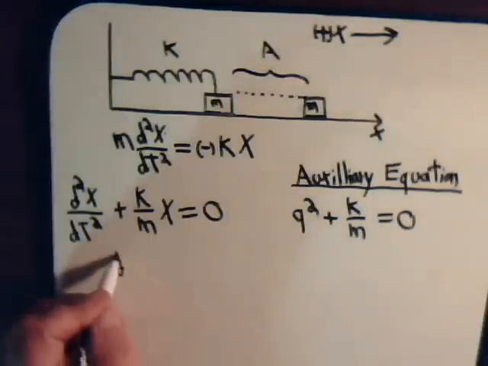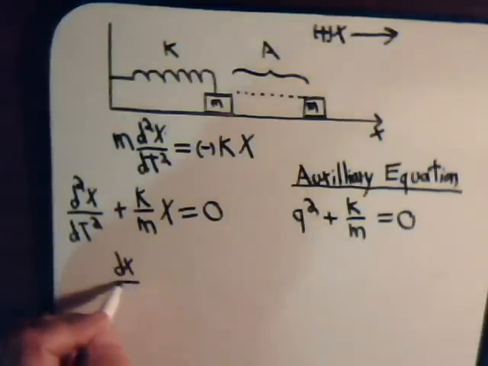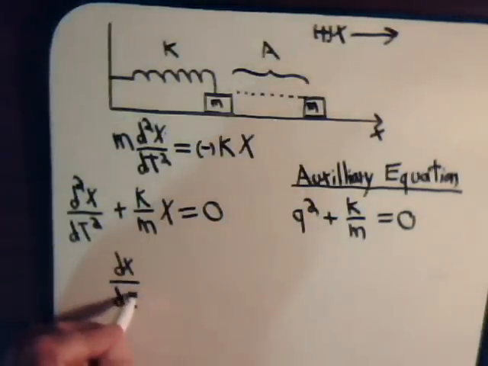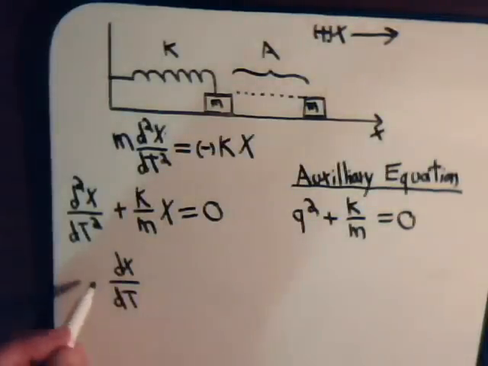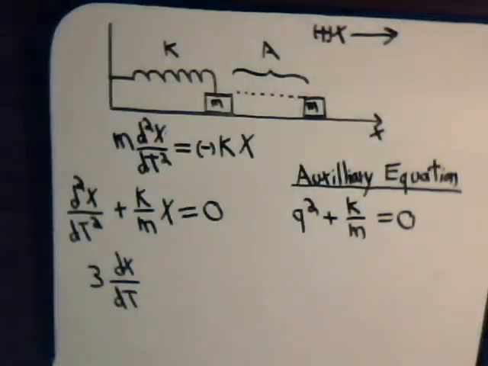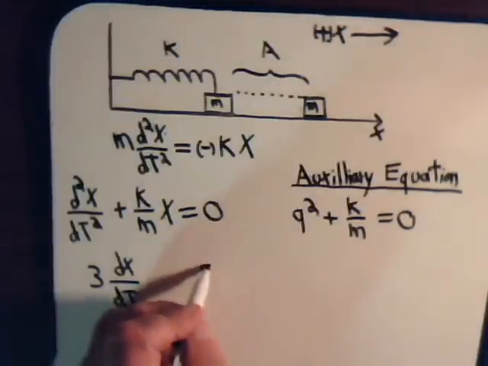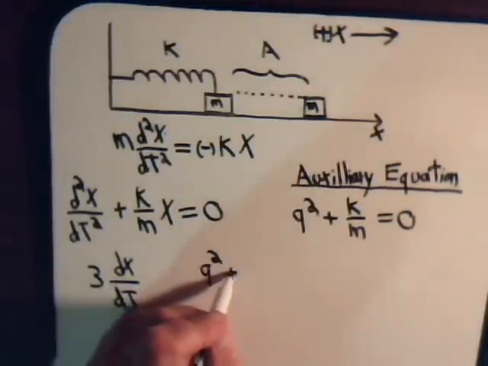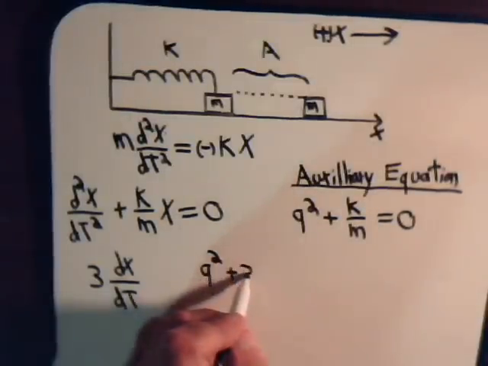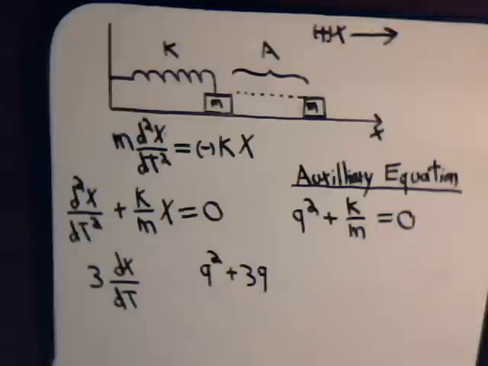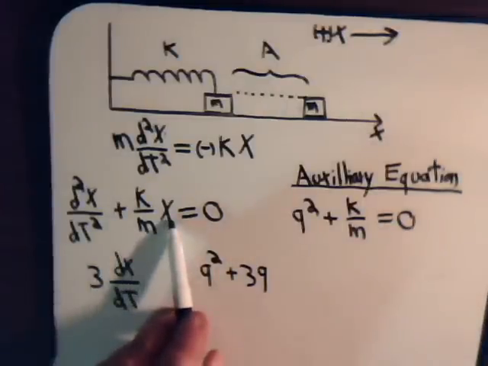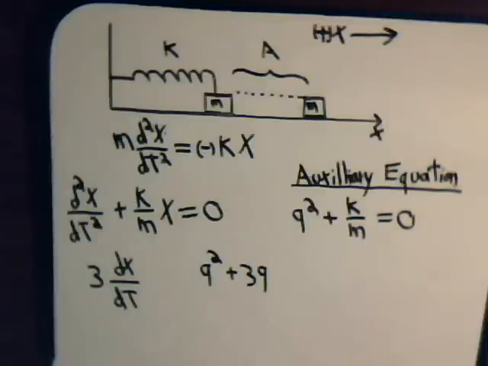If we had a dx dt term in here, multiplied by say some number 3, then the auxiliary equation would look like q squared plus 3, and since that's a first order derivative, it would be q to the first order, and then q to the 0 order, because that's not a derivative at all.